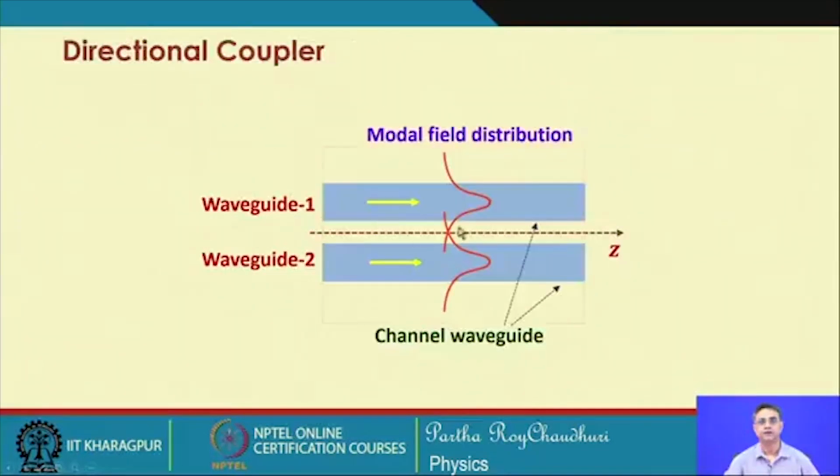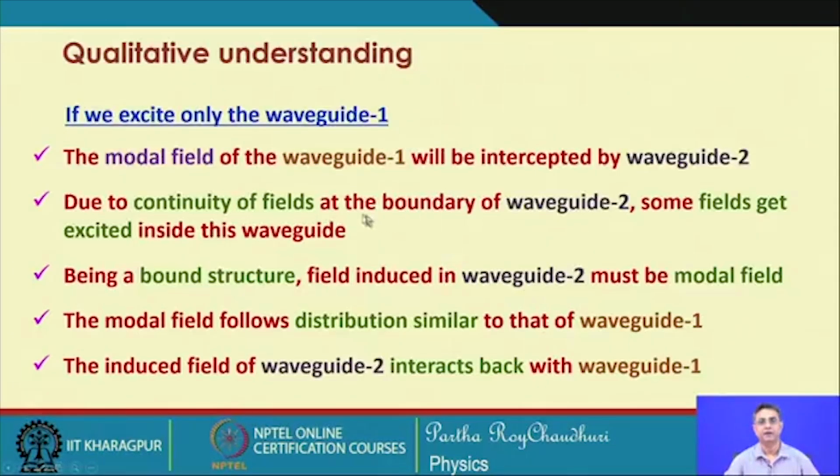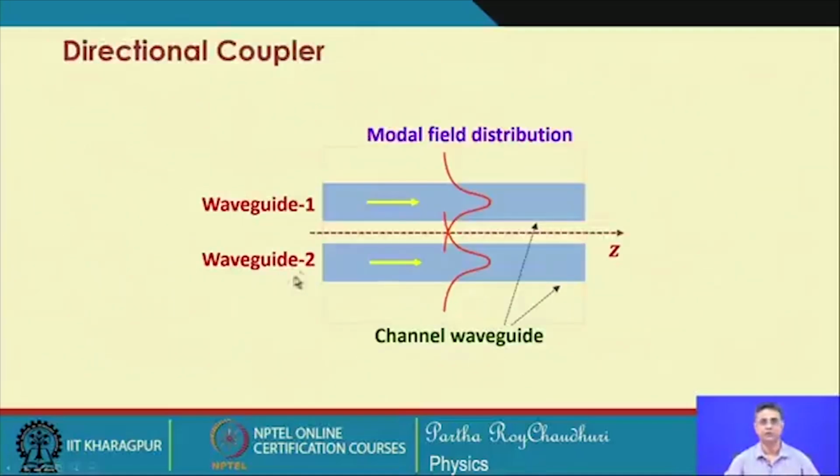Therefore, any field in such a waveguide structure will be continuous; the tangential component of the fields will be continuous across the waveguide interface. Because of the continuity of the fields at the boundary of waveguide 2, some fields get excited inside the second waveguide, and the total system is a bound structure.